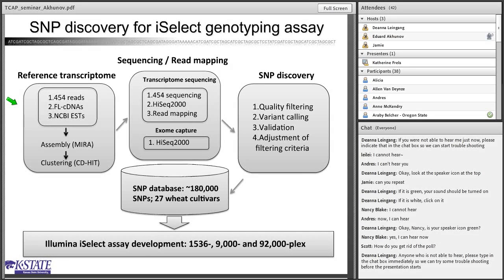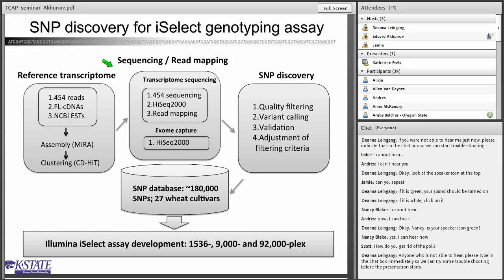And these are the major steps that are involved in any SNP discovery project. Essentially, you are starting with obtaining the reference sequence, and if you are lucky and the genome is sequenced, you may use completely sequenced genome as a reference. If you are not, as it happened in our case with wheat, we first started with building the reference transcriptome, and we performed SNP discovery only in coding portions of the wheat genome.